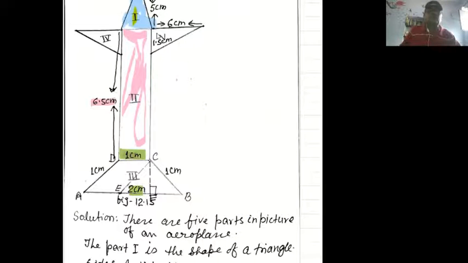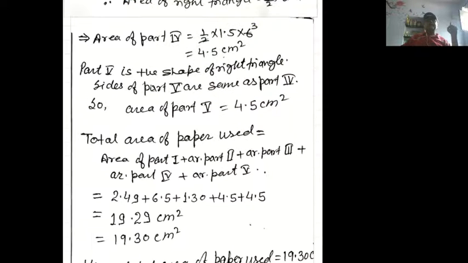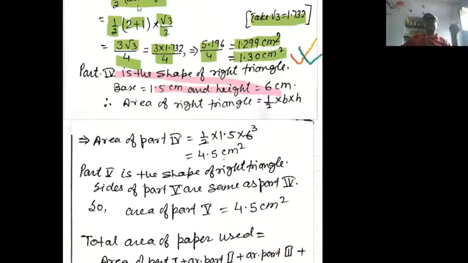On the left side, the number 4 is written. Its base is 1.5 centimeter and length is 6 centimeter, and it is a right angle triangle.